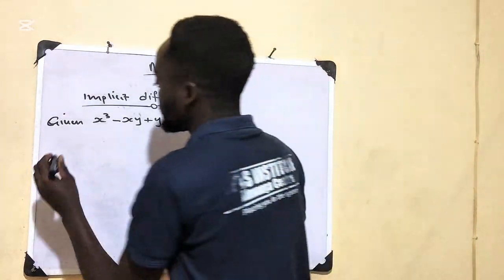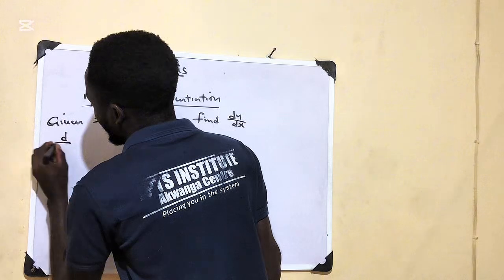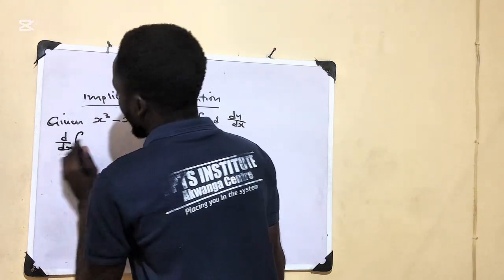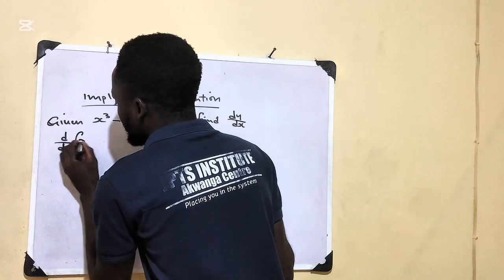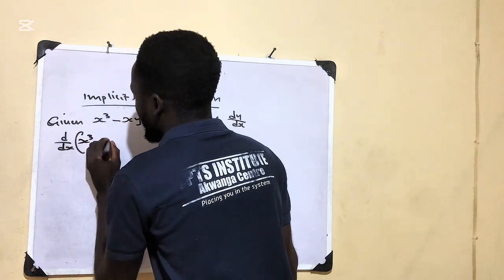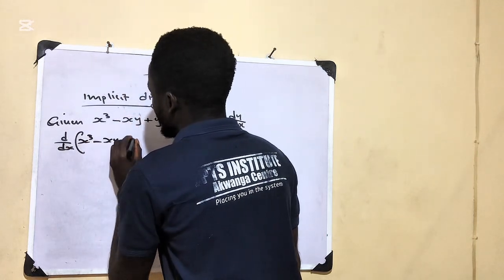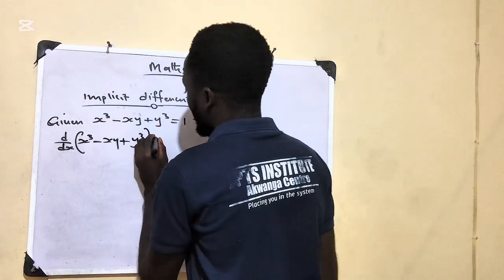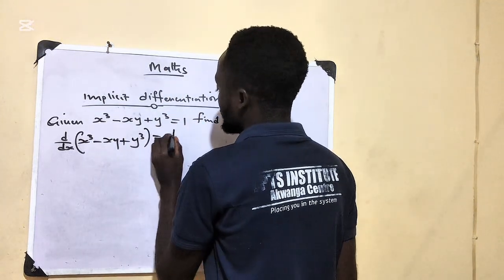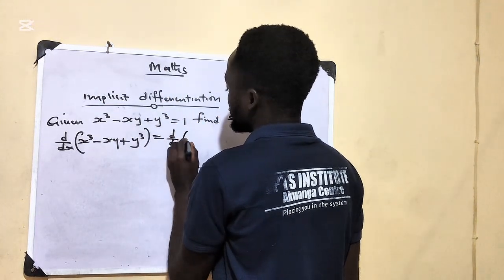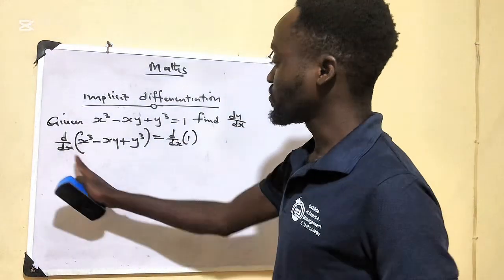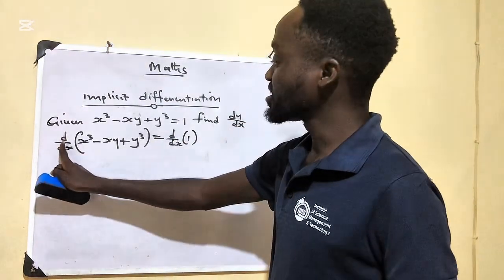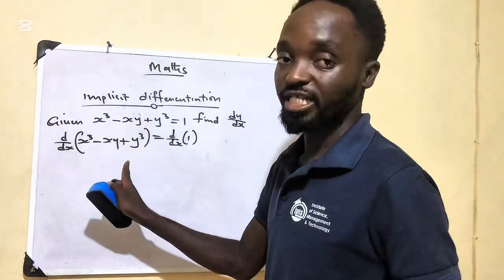So firstly, I'm going to put d/dx open bracket around everything here to show that I'm going to differentiate everything here. So I'll write x cubed minus xy plus y cubed is equal to 1, and I will also write d/dx on the other side to indicate that I'm also differentiating it. Now I'm going to open the bracket by distributing this d/dx to everything inside the bracket, okay?